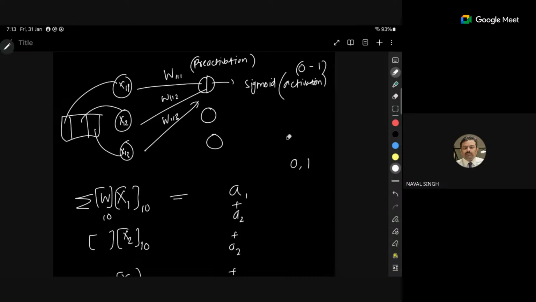So we need this, because otherwise these values will be very high and the machine will not be able to handle it. So we need this kind of activation function, which leads to smaller values, and another is that we need non-linearity. Non-linearity is also achieved by this.